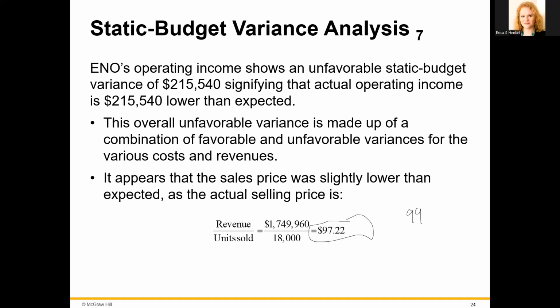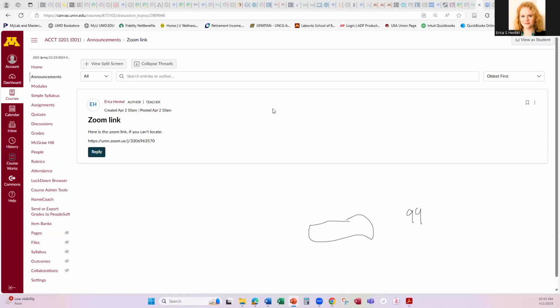Okay, so let's look here at an example on problem number 5 in the sample problems, which is a static budget variance example. Great.